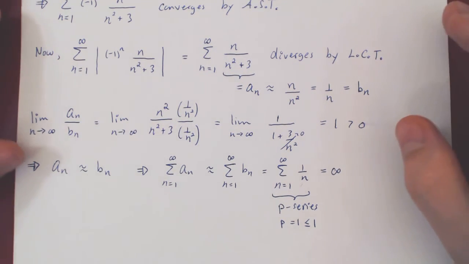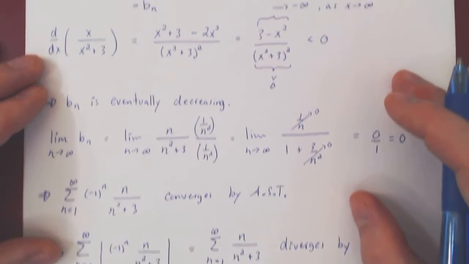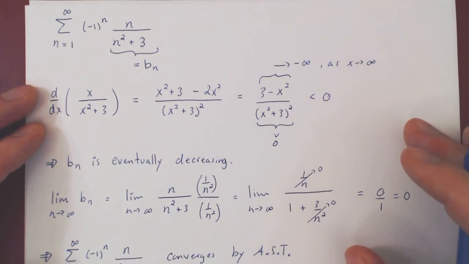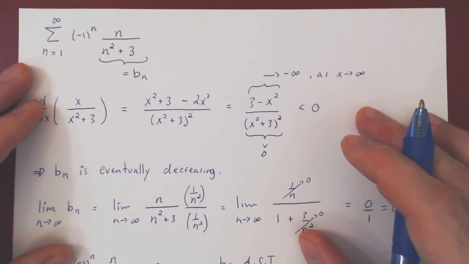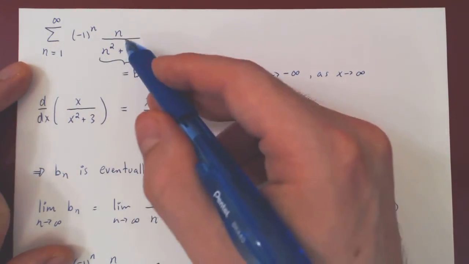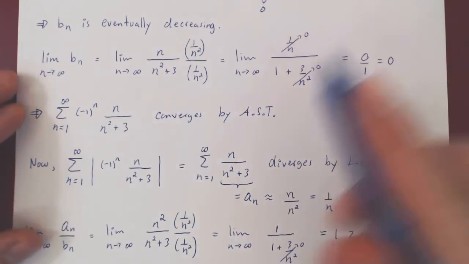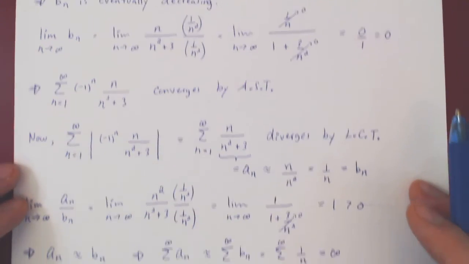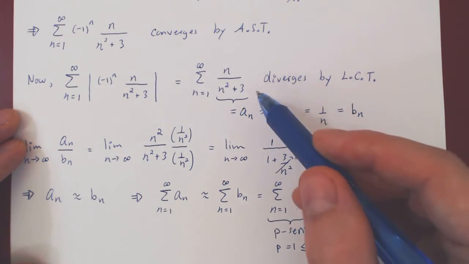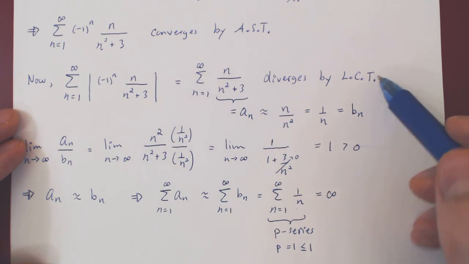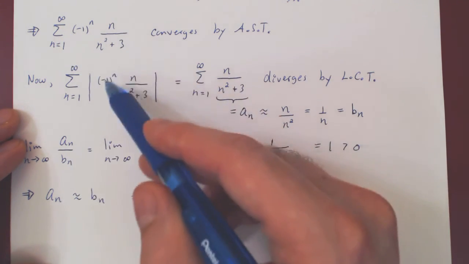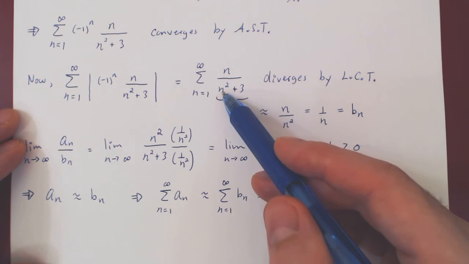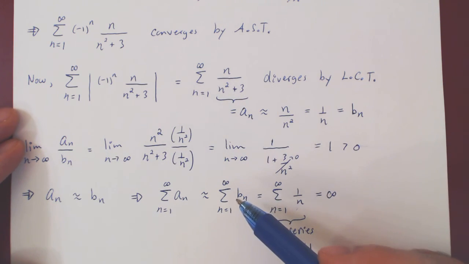So what is our conclusion now? Well, we used the alternating series test to show that the initial series does converge, but we showed using the limit comparison test that if we look at the series of the terms in absolute value, then this series diverges.